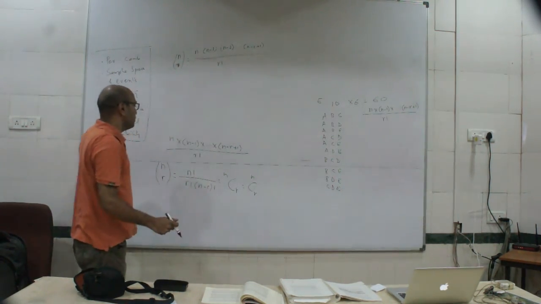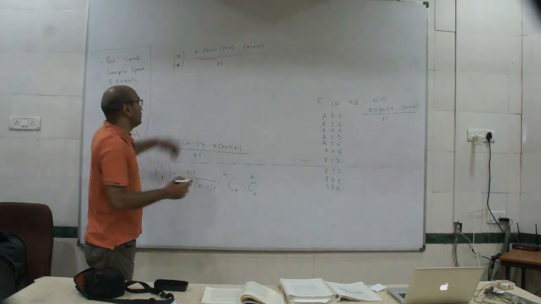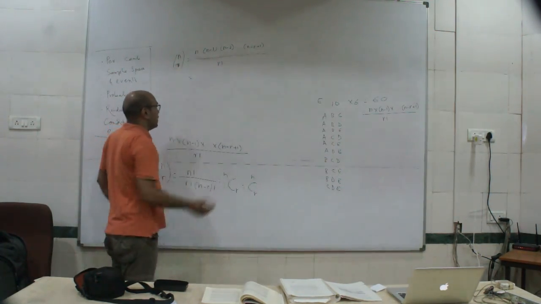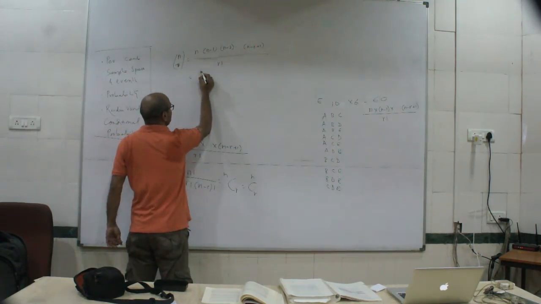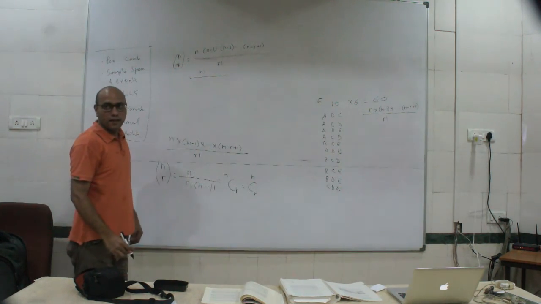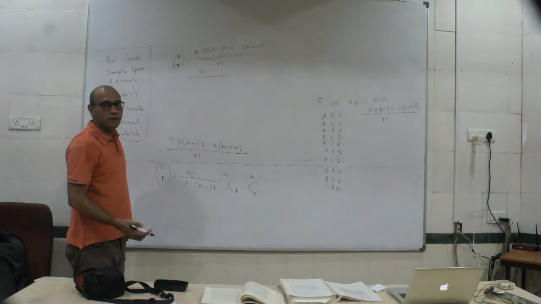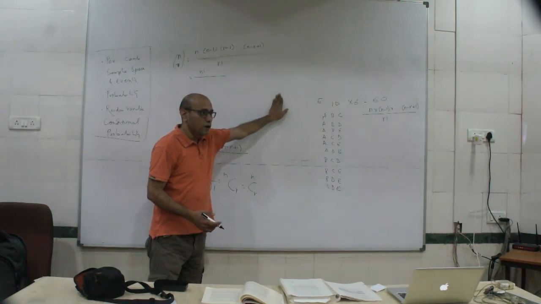Now, if I write this entire thing as n factorial, then I am writing certain things extra. If I write n factorial in the numerator, then what is n factorial? N factorial would go up to 1.